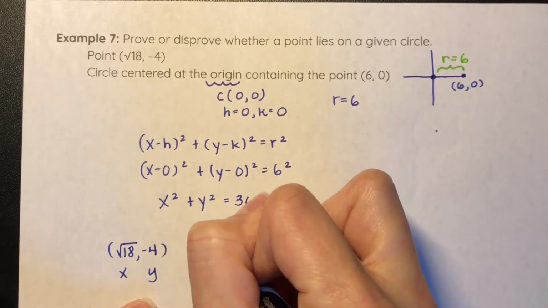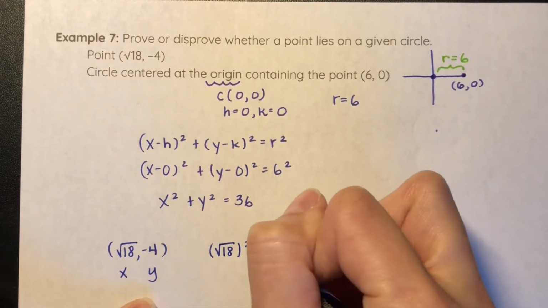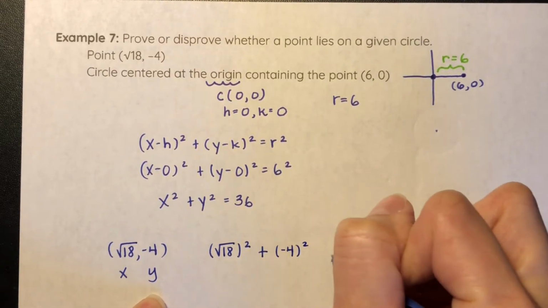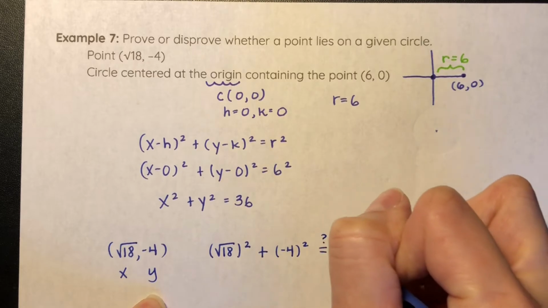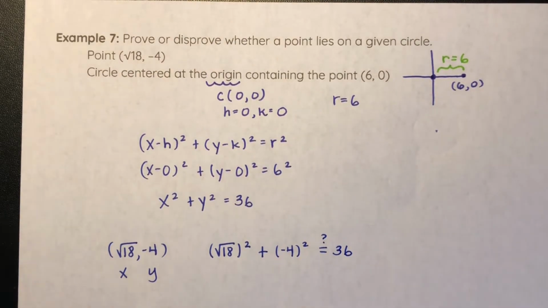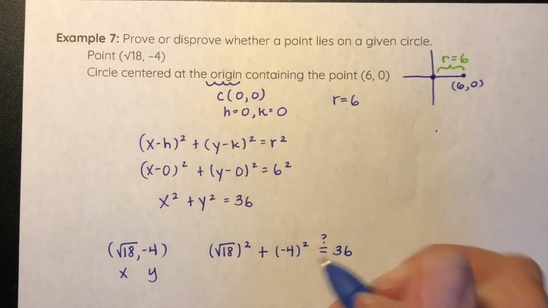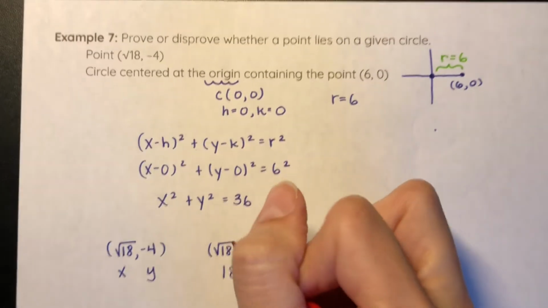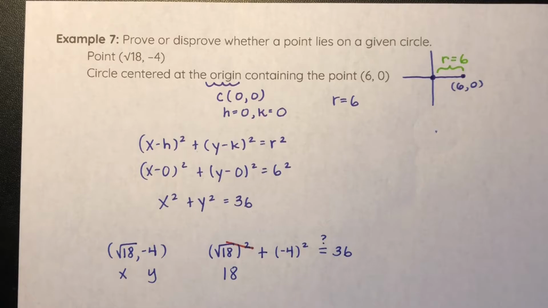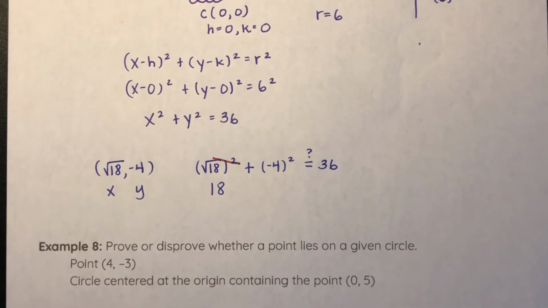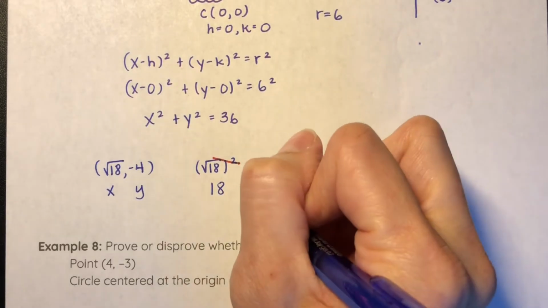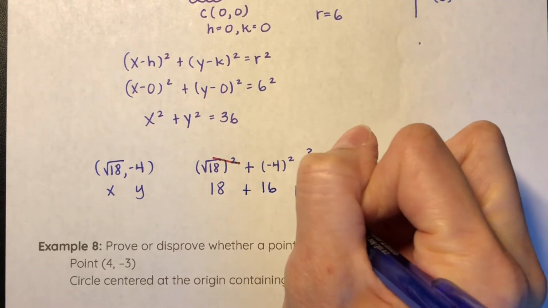So I'll substitute in the square root of 18 for x, and then I'll substitute in -4 for y. So the square root of 18 squared plus -4 squared, and I'm trying to determine, does this equal 36? The square root of 18, remember, my square root and my square cancel out, so I'm left with just 18. And then -4 squared, remember that's -4 times -4, which gets 16.